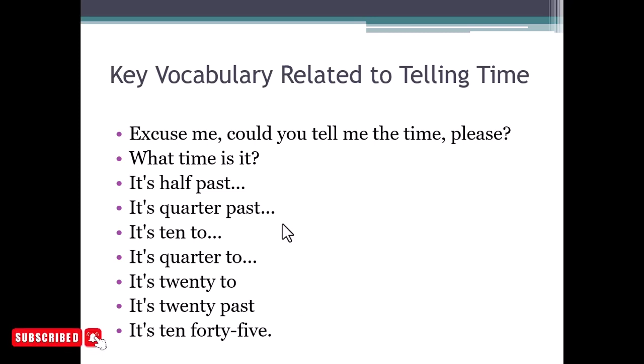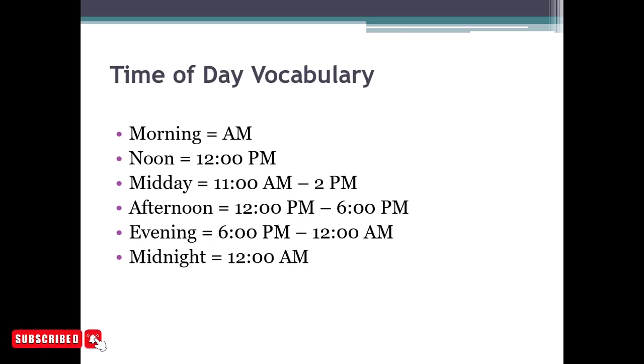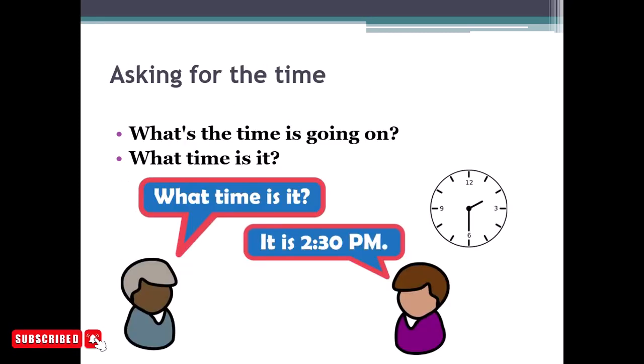Instead of saying 2:15, 2:16, 2:30, this is a very good and formal format. We should implement this format in our talk. Time-of-day vocabulary: morning, a.m., noon, midday, afternoon, evening, midnight. These are all formats of time.